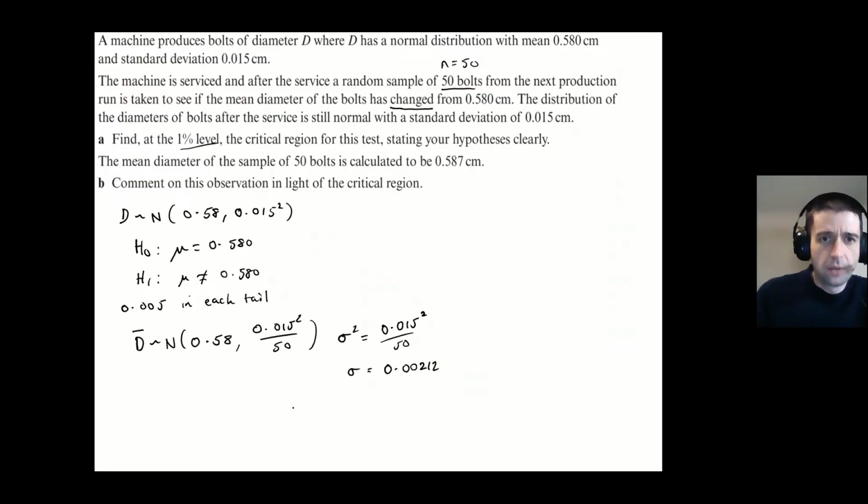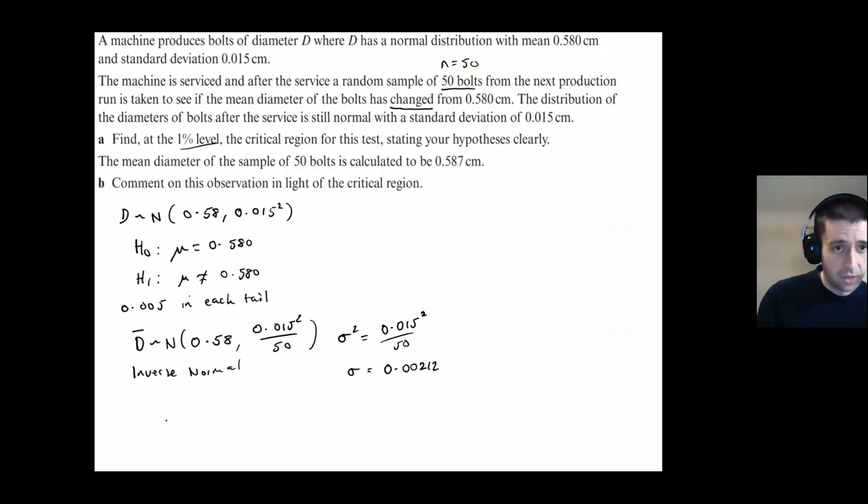So what I now need to do is go into the inverse normal function on my calculator and find the value that gives me an area of 0.005 at each end. On the ClassWiz calculator, inverse normal is menu 7 and then number 3. So I'm going to start off with an area of 0.005, a standard deviation of 0.00212 and a mean of 0.58.